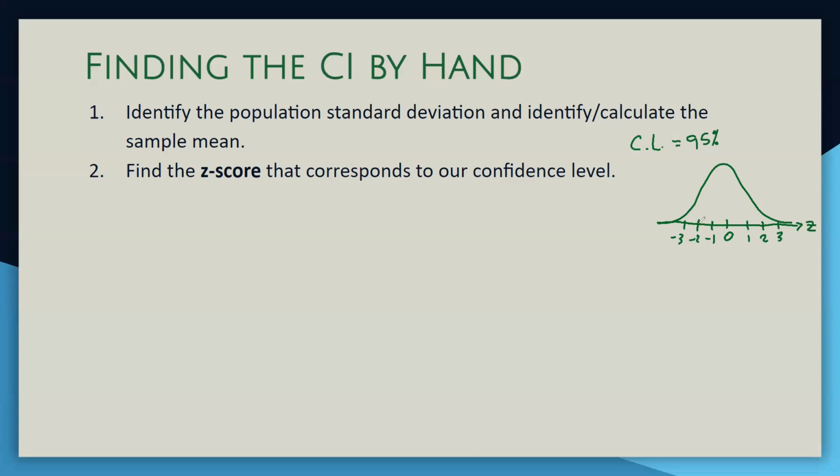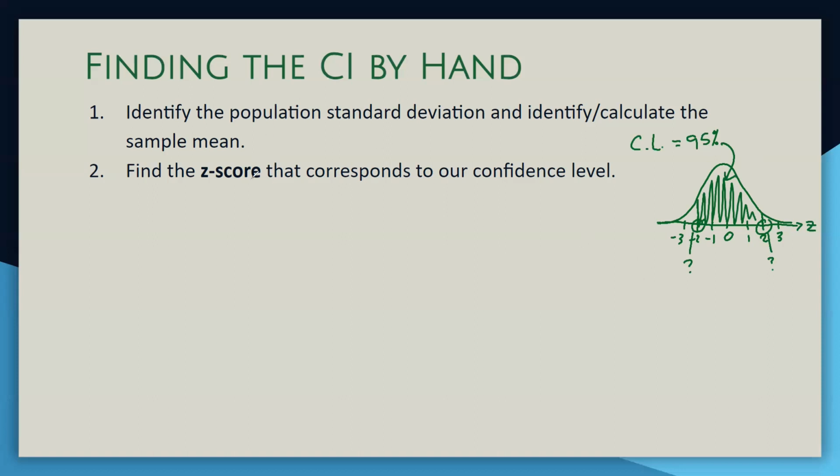So what I do is I mark off the middle 95% of the curve. I make sure that it's centered about that 0 value so that this is 95%. And then I need to find those z-scores that form the boundary for that middle 95%.